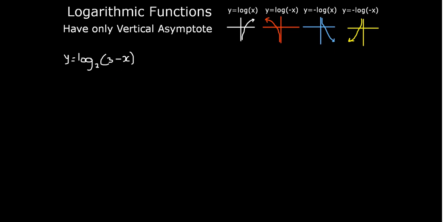Another thing to notice here: this thing must be negative x plus 3, but they can trick you and start with positive 3 minus x. So it's a log of negative x plus 3 base 2.